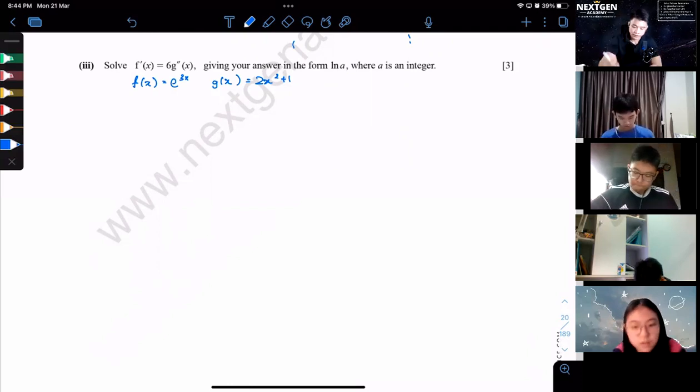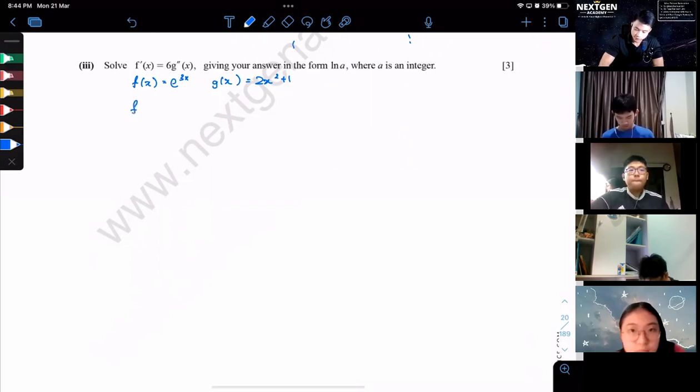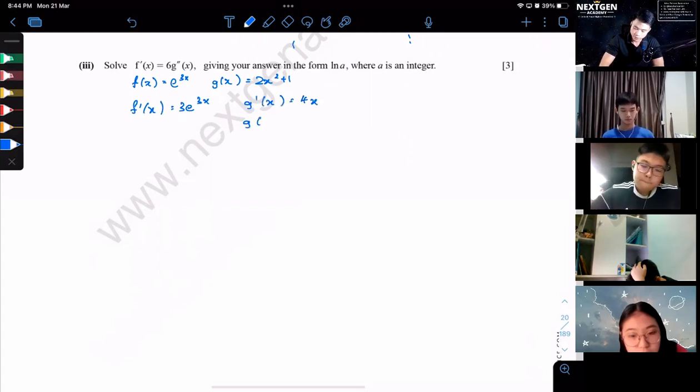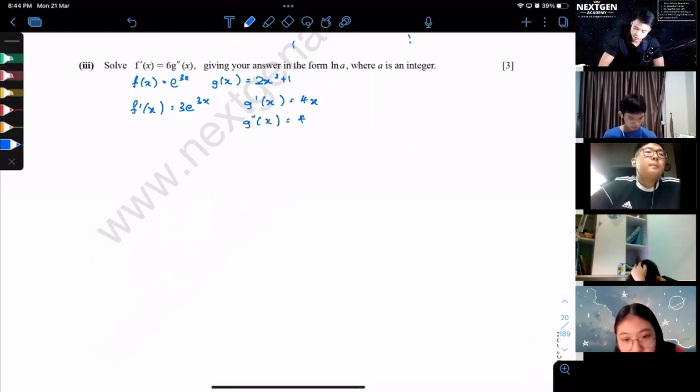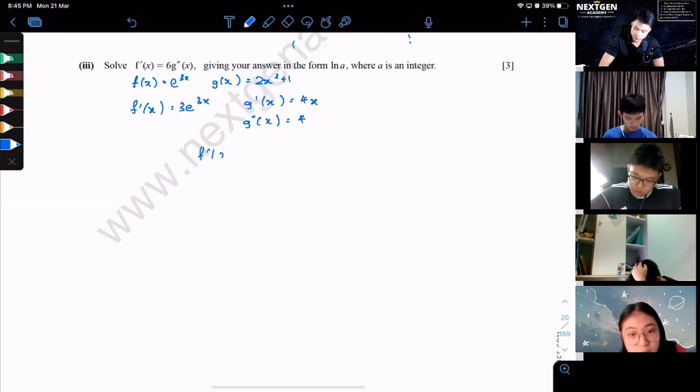Okay, so f prime x will be 3e^3x. g prime x will be 4x. g double prime x will be equal to 4. So let's fit into the equation that they want us to solve.